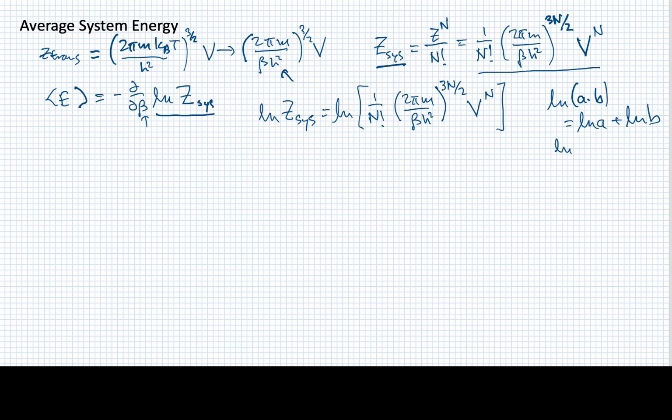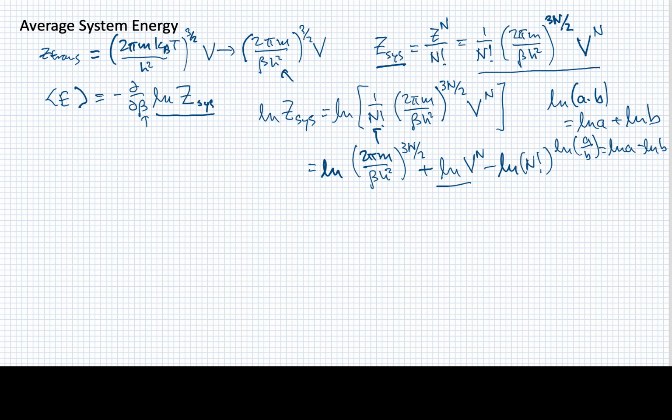I also know that the logarithm of a ratio is going to be the difference of the two logarithms. So now this logarithm of the system translational Z can be written out as several log terms. I'll have log of 2 pi m over beta h squared raised to the 3N over 2 power plus log of volume raised to the N power minus log of this number N factorial.